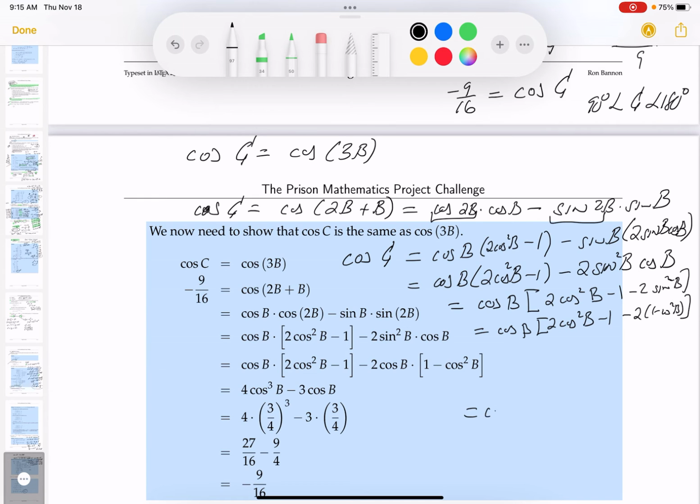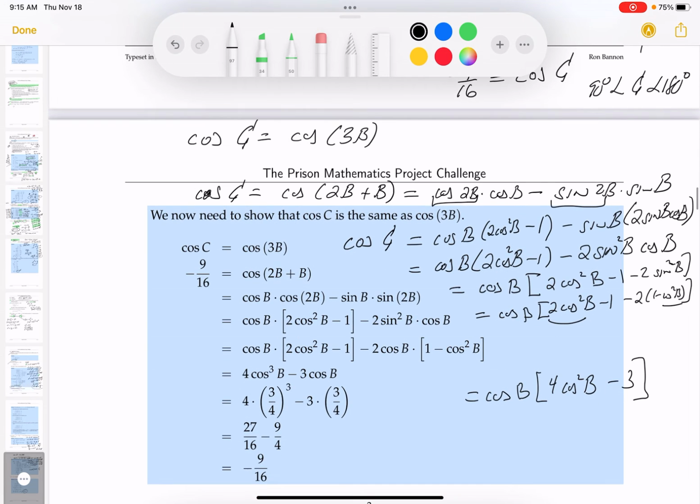Boy, this looks like it might be a dead end, right? So what do you get over there? 2 cosine squared plus 2 cosine squared, which is 4. Right, I just did these two over here. Minus 1 minus 2 is minus 3, right? Well, this is crazy.